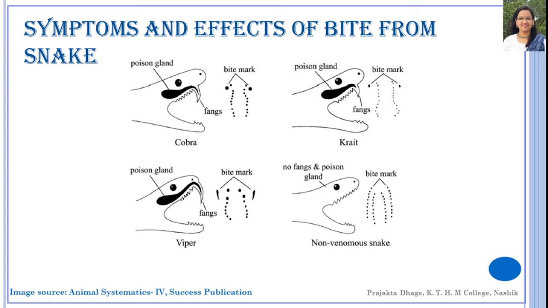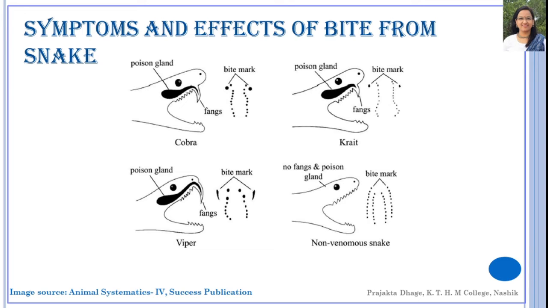Now, the effects of the snake venom vary depending on the snake, which kind of species it is. We have already seen that different kinds of snakes have venom with different kinds of components. Some are going to be neurotoxins, some are going to be hemotoxins, some are a combination of both.